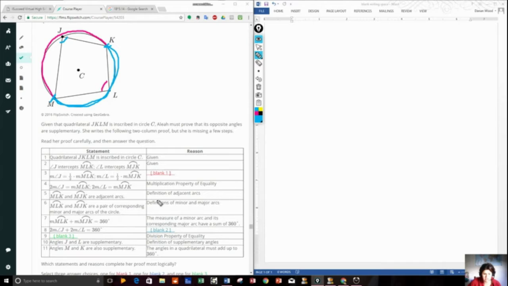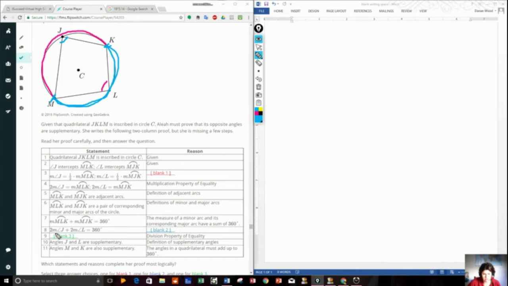Definition of minor and major. Then the measure of MLK plus the measure of arc MJK equals 360. The measure of a minor arc and its corresponding major arc have the sum of 360 degrees. That is correct because they go the entire distance around a circle.